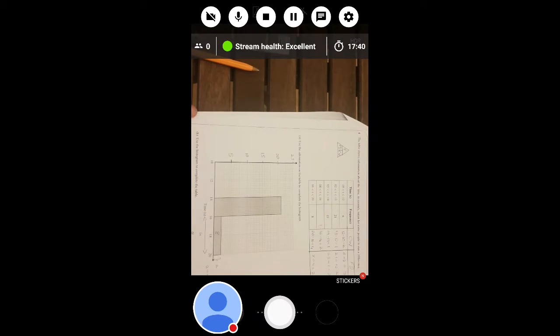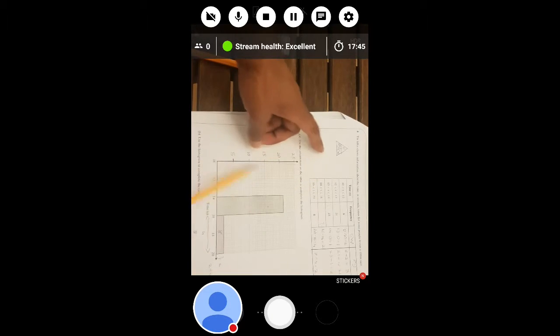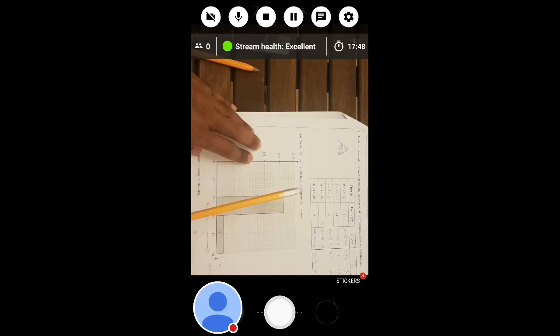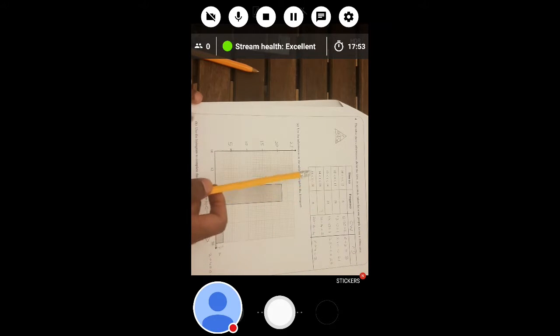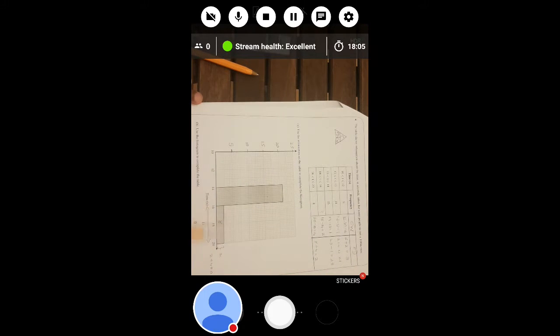Let me recap quickly. In order to find this scale, we need to find that bit on the table where we have the information for the bar, and we have the bar drawn as well. So that's 16 to 20. We have the frequency, we have the bar drawn, we've worked out the frequency density, which is 2. So the height is 2, and the area of this rectangle should be 8.